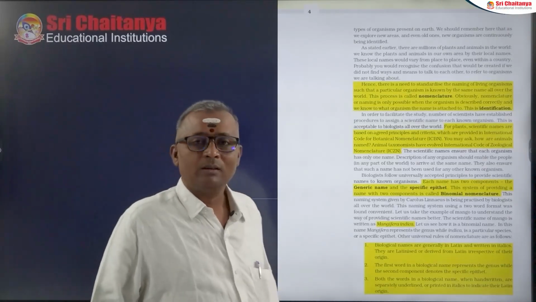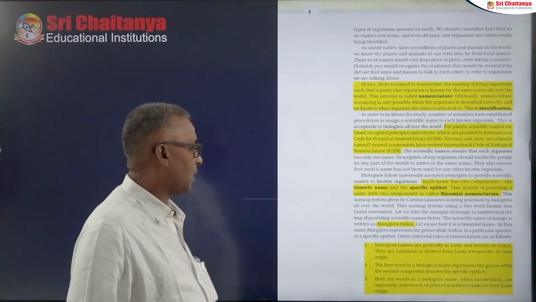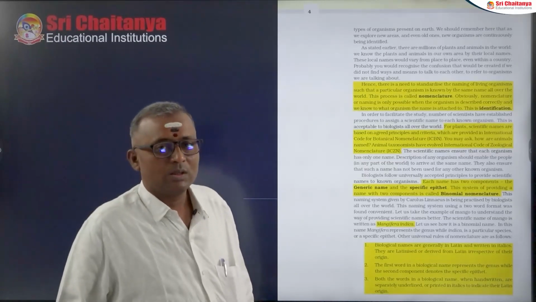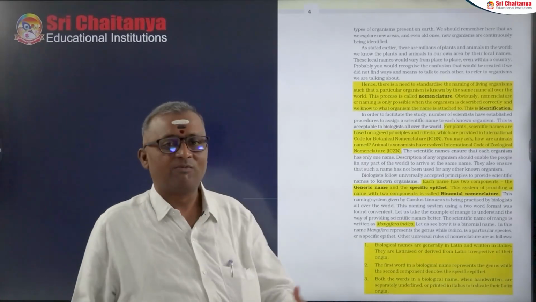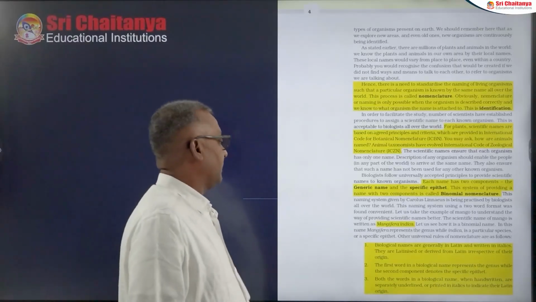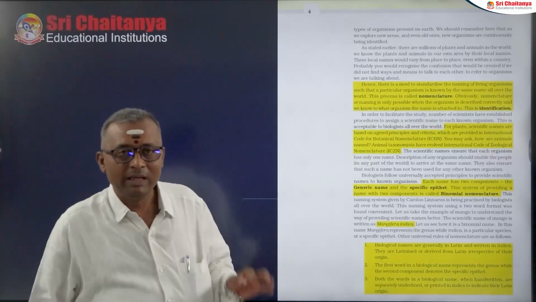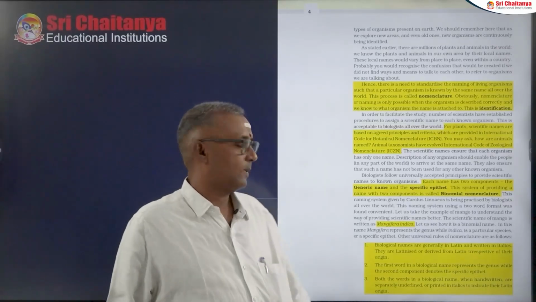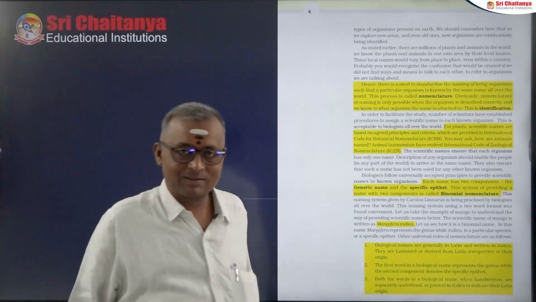Let us see the different rules given for the nomenclatural system. In the NCERT, they gave some 5 rules. In that, the first one: biological names are generally in Latin and written in italics.